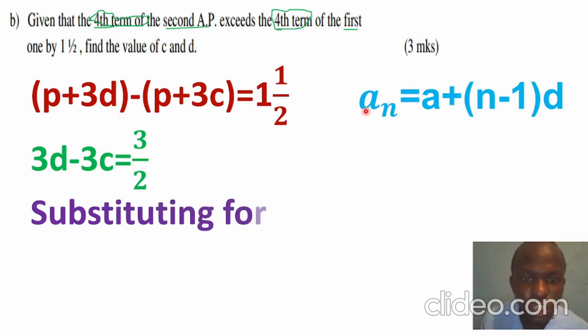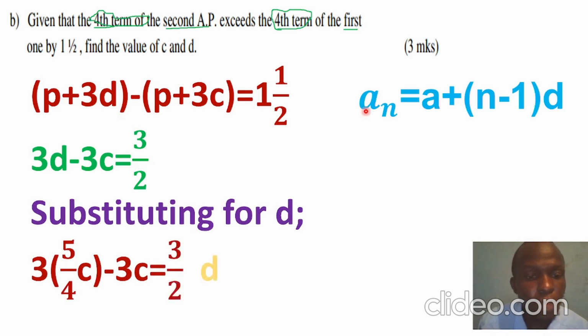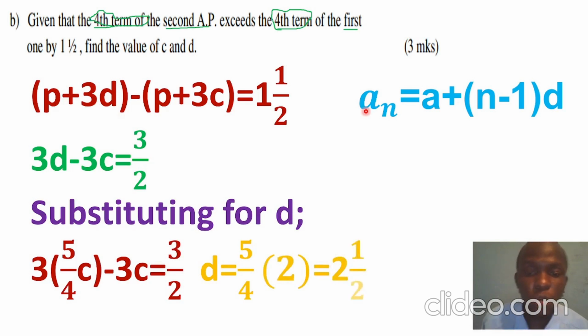Now substituting for D, we have 3 times 5 over 4 C minus 3C is equal to 3 over 2. Evaluating for D and C, we find out that D is equal to 2.5 and C is equal to 2.